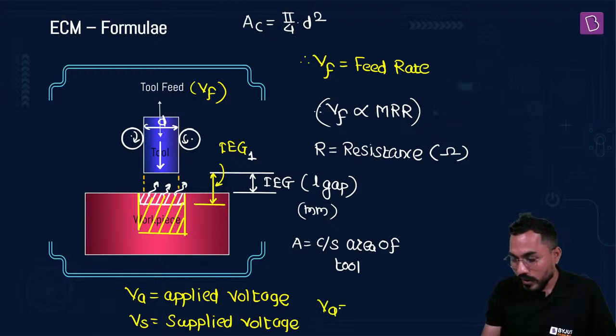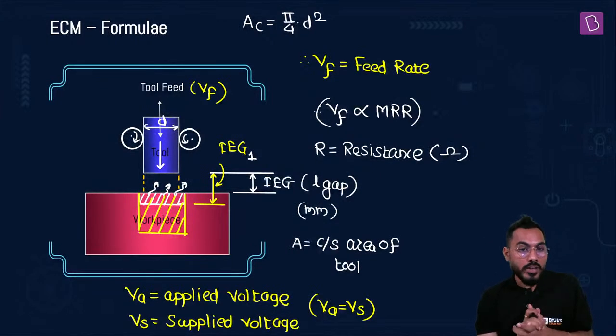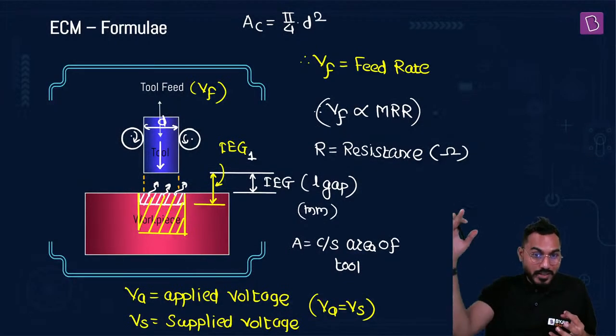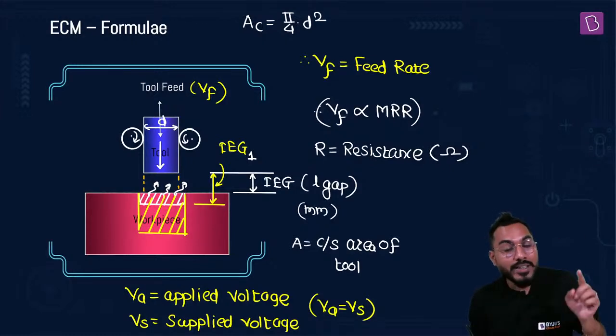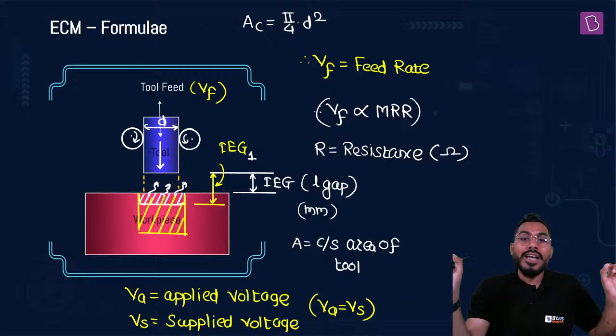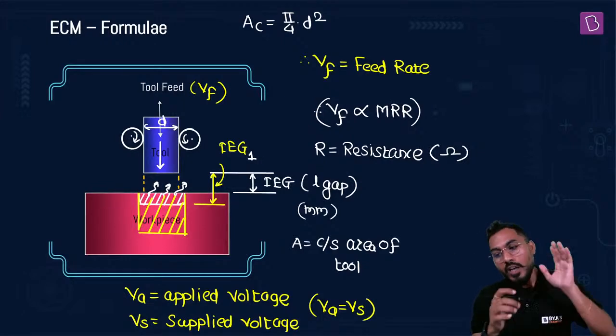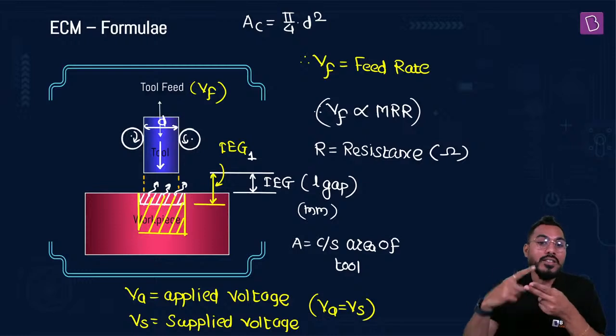Applied voltage and supplied voltage are both the same. Whatever power supply is given, based on that a potential is created, and that potential is called applied or supplied. Both statements have already been used in GATE examinations. When we solve numericals, you will understand that. So we understand VA, the applied voltage, and VS, the supplied voltage.